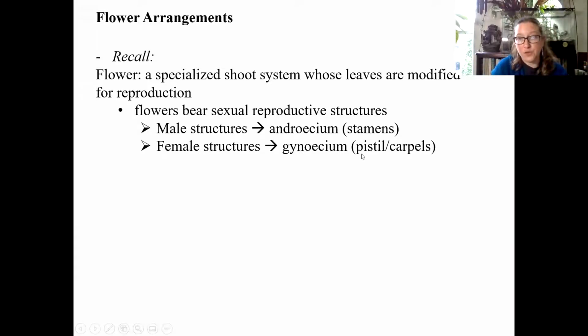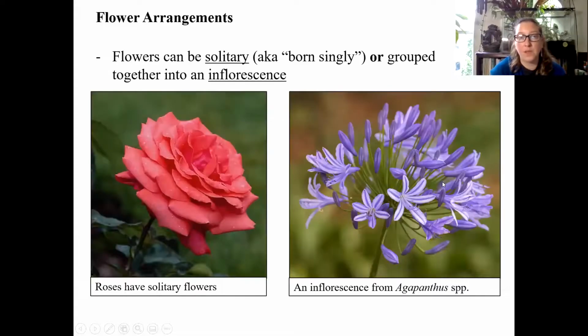And there are different sex structures, male and female. I think we talked about this before, but the stamens are the male structures, and the pistils or carpels are the female structures, right? You could also use the fancier words, androecium and gynoecium, if you prefer. This is a recall slide.